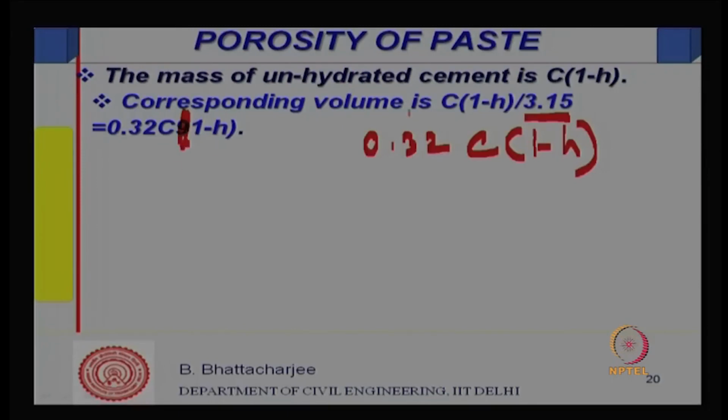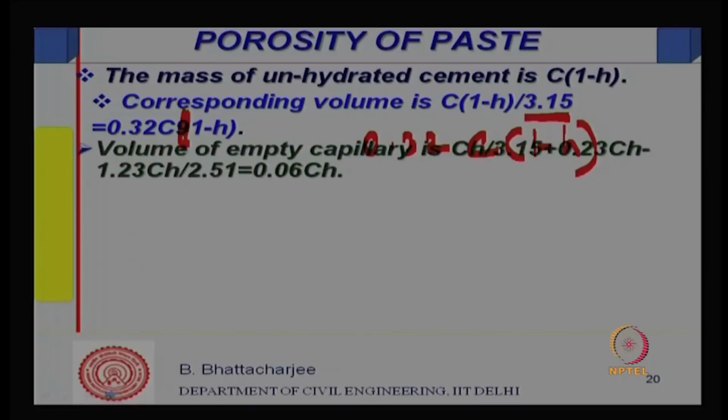That would be the volume of unhydrated cement, and the volume of empty capillaries will be 0.06 Ch, like earlier.